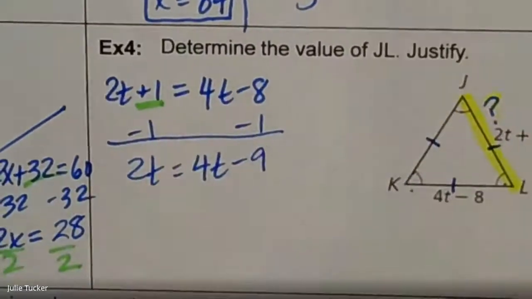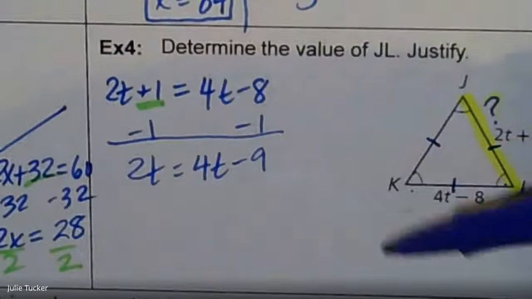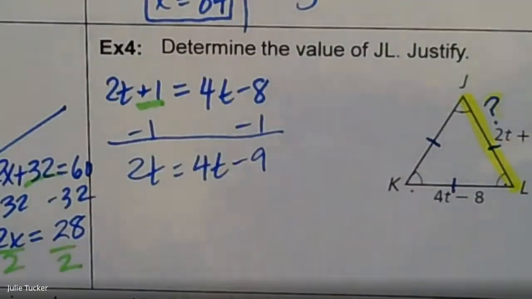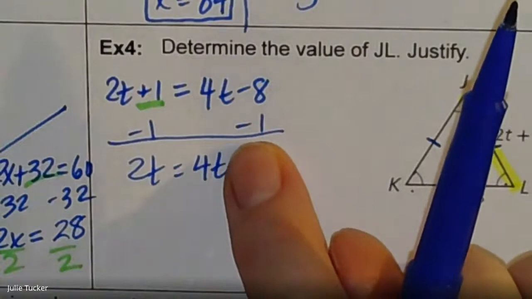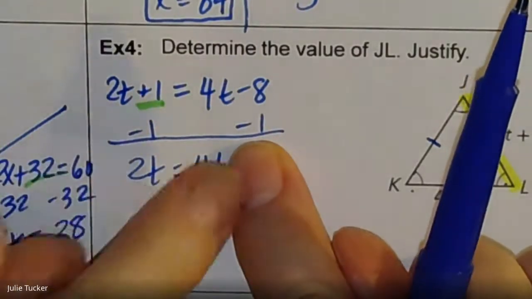Good, okay, now what? Well, if I add 9, let me think about that for a second. If I add 9, that's going to remove the 9 from here, and I'll still have a t on both sides.